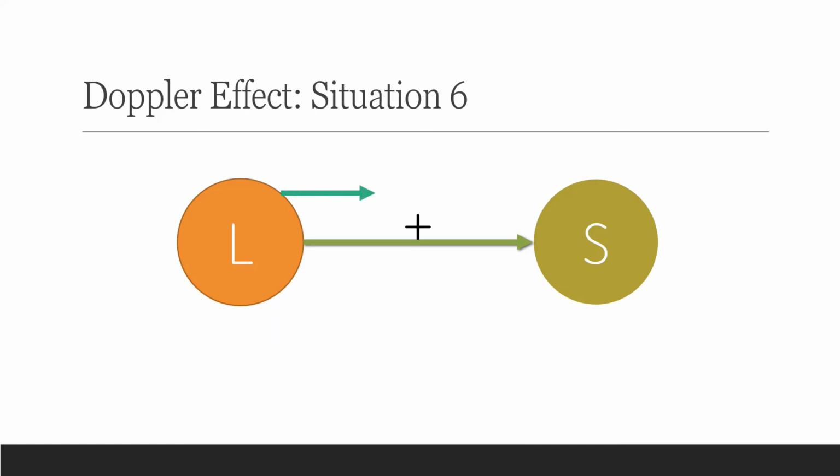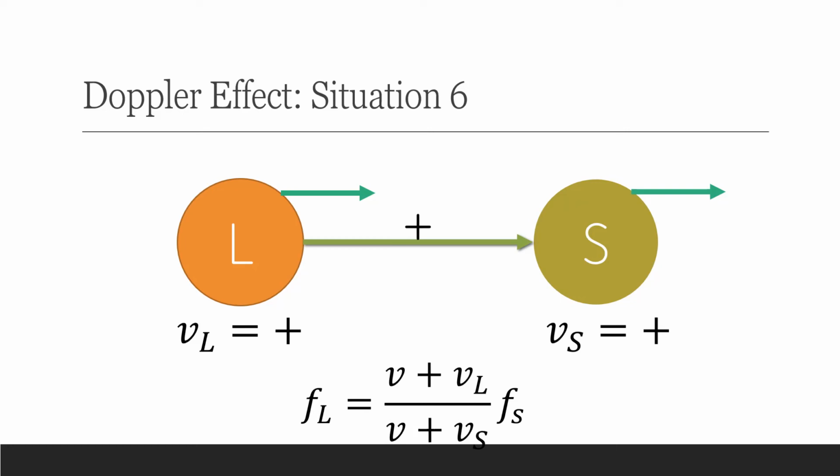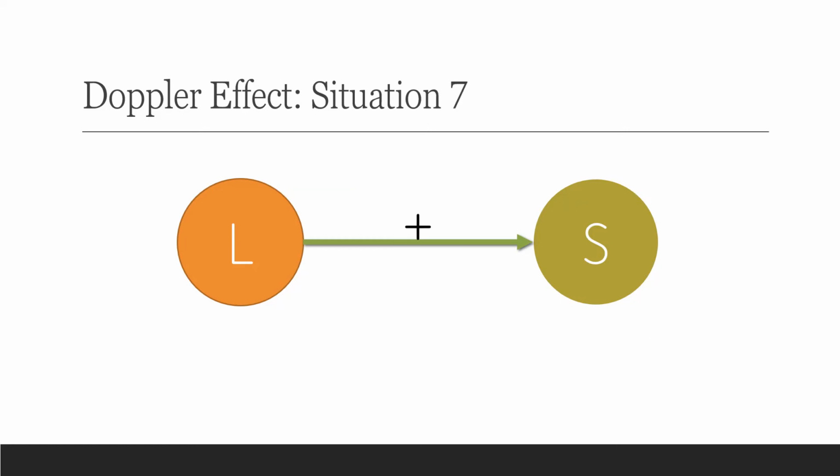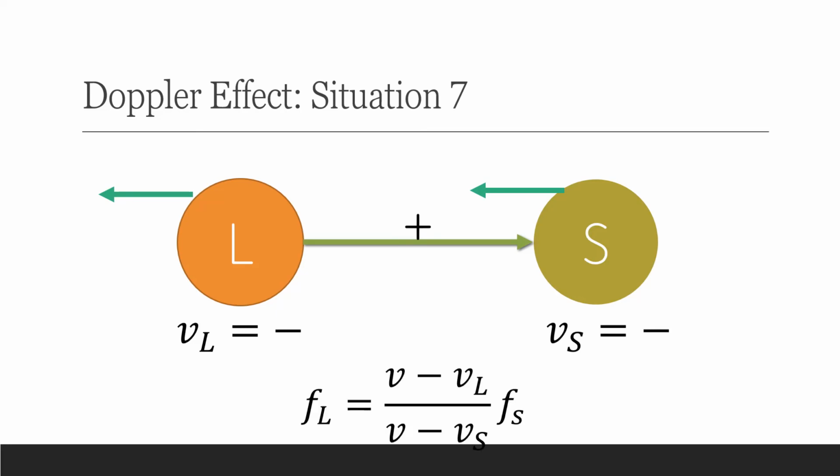Now when the two are moving, say the listener is moving towards the source and the source is moving away from the listener, then VL is plus and VS is also positive, so FL is given by this equation. For L moving away from the source and S moving towards the listener, then VL is minus and VS is minus, so the frequency is equal to this equation here.